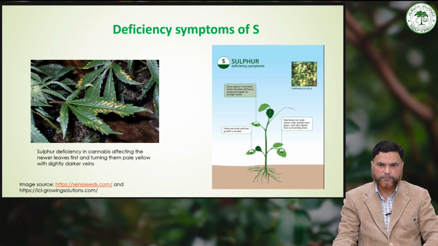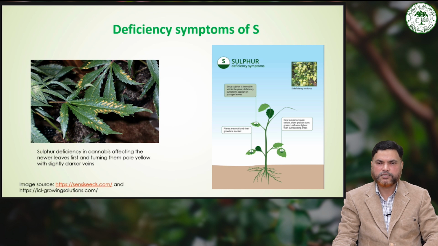So this resemblance is because both sulfur and nitrogen are components of proteins. But you see that there is a very contrasting point at this juncture. This chlorosis resulting from sulfur deficiency arises first in the young and then extends up to mature leaves.